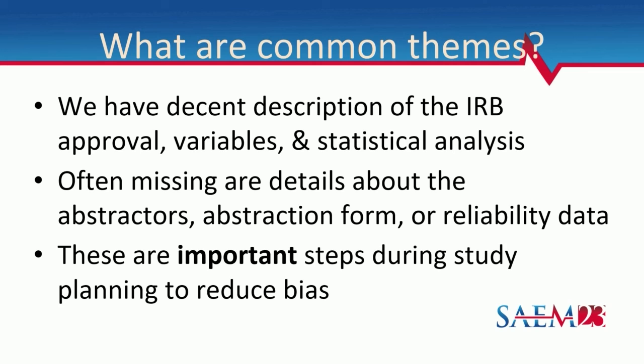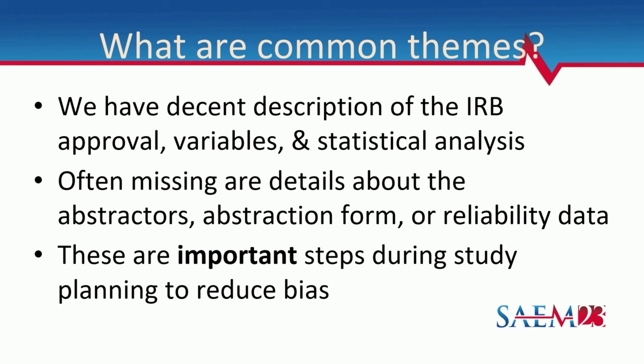they're often, all of these were missing details about the abstractors, the abstraction forms, and any inter-rater reliability assessment. These are very important steps that you need to take to reduce bias. And I wanted to mention one thing, because Peter was talking about the blinding, and that can be very difficult to do.